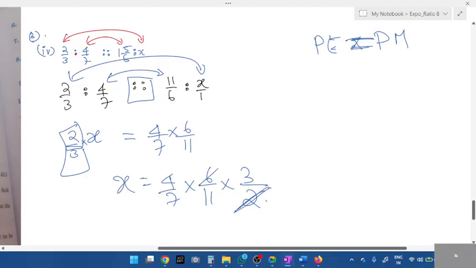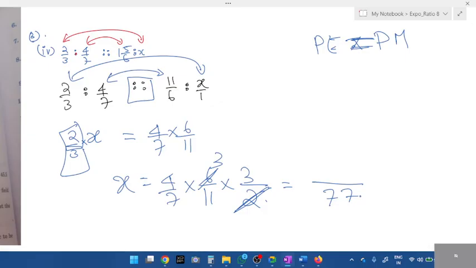Reduce it. 1 are 2, 3 are... What's the answer? Did you all get 36 by 77?